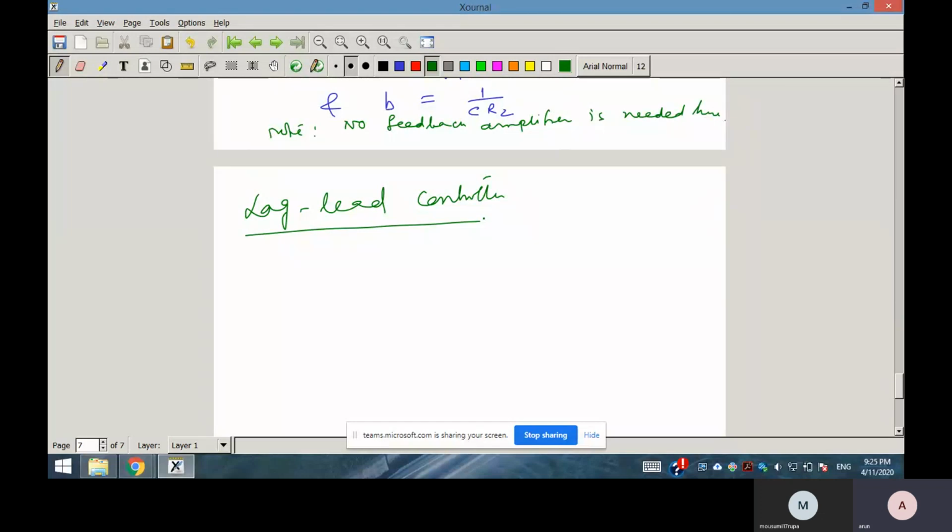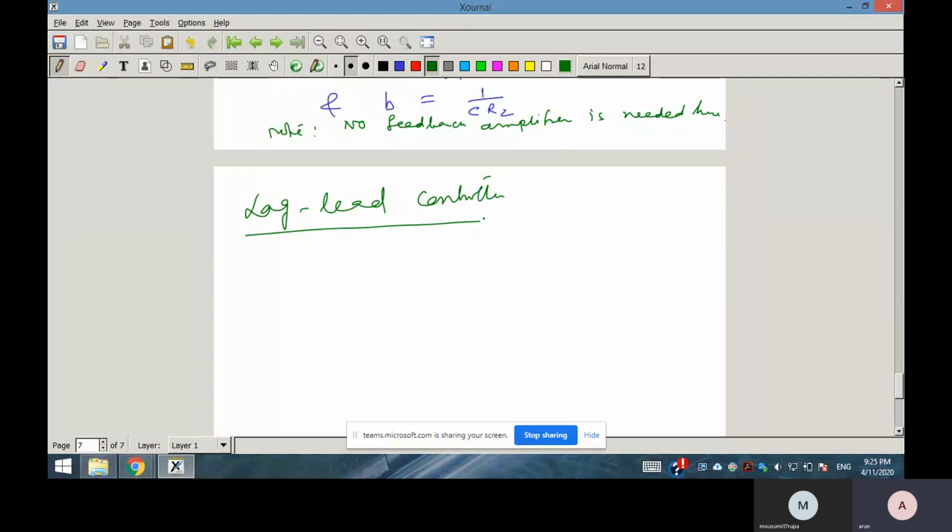In the case of a lag compensator, phase margin can be met by providing gain attenuation. So using a lead compensator the system becomes very fast, and using a lag compensator the system becomes very slow.